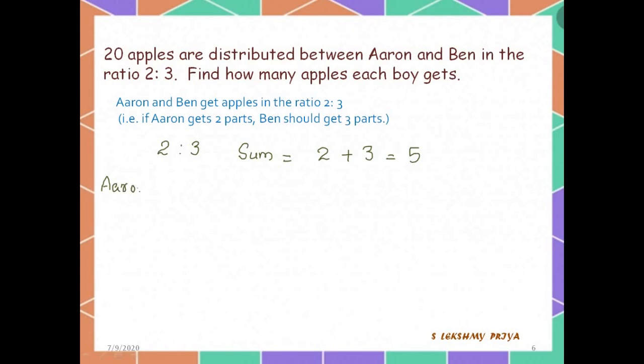The ratio 2:3 means the number of apples given to Aaron and the number of apples given to Ben is 2:3. So the first term 2 corresponds to Aaron. So we are going to find the number of apples for Aaron.